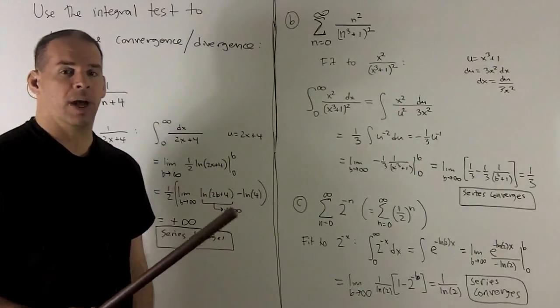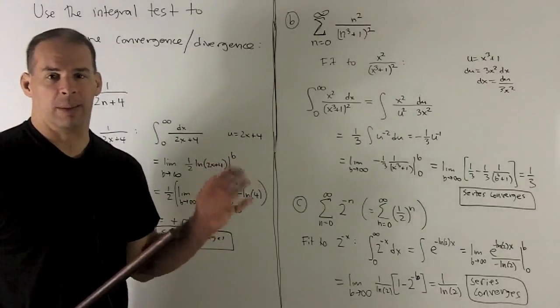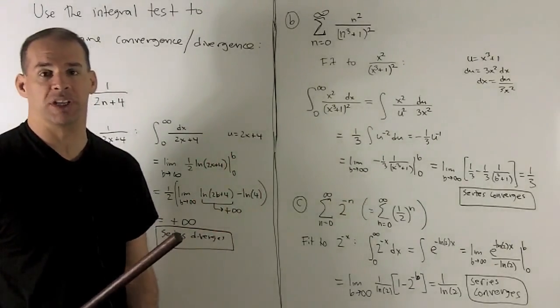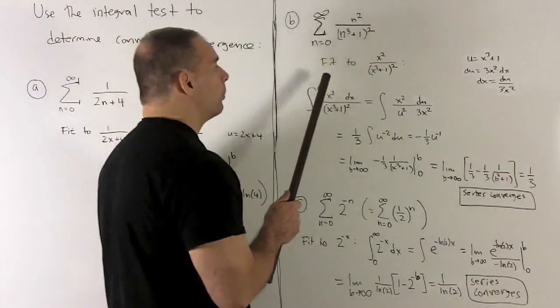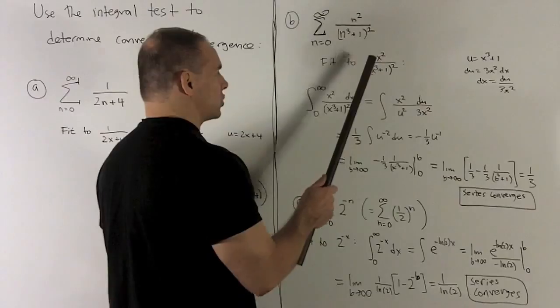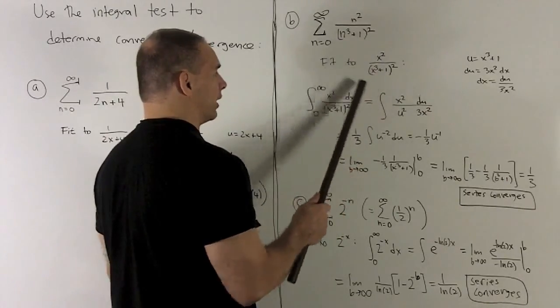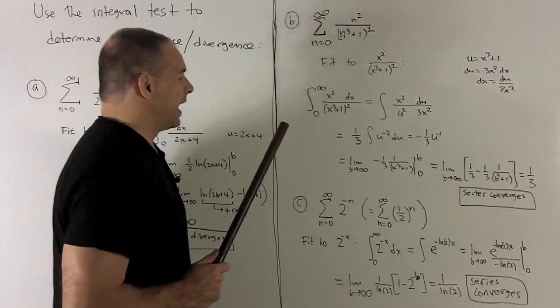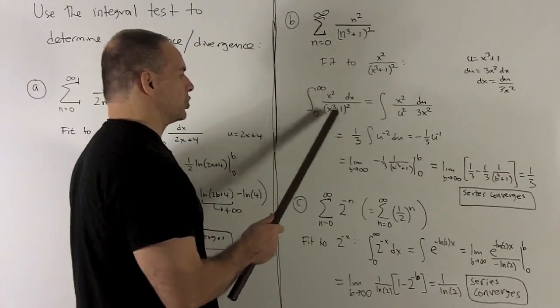That's going to go to 0 as we let n go to infinity. So just hand waving that away, the limit test is not going to tell us it's divergent. It's just going to tell us we need to do more work. So we fit this to x squared over (x cubed plus 1) quantity squared, my function on the real line. And then we take a look at the improper integral from 0 to infinity of our function dx.